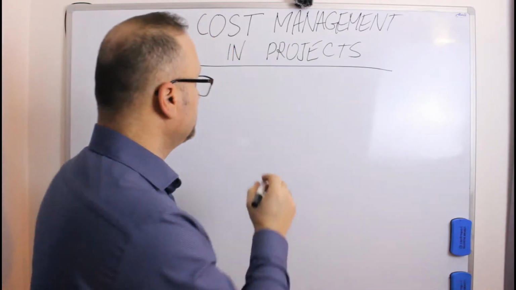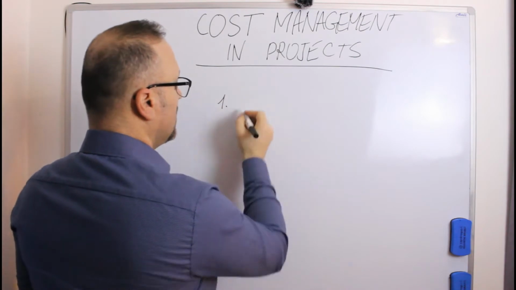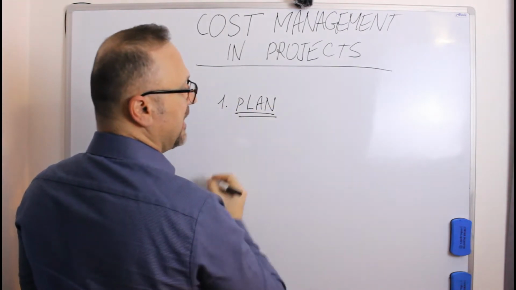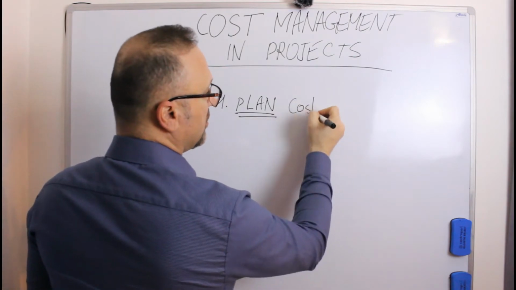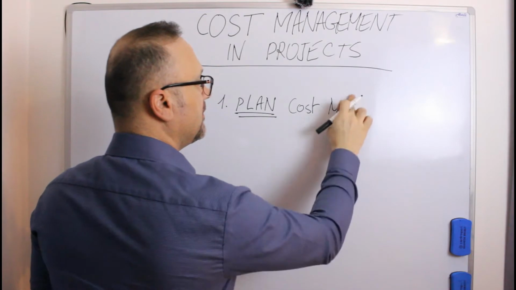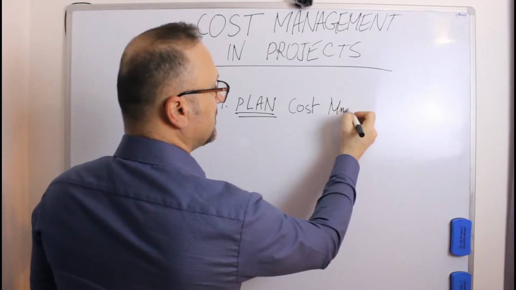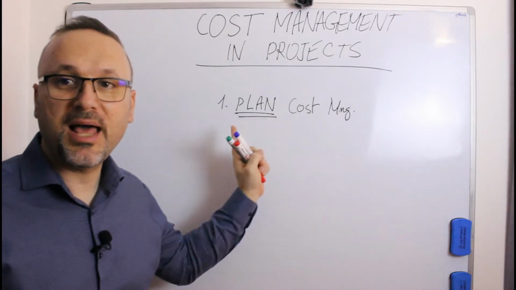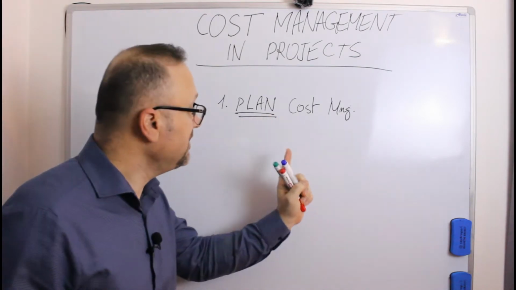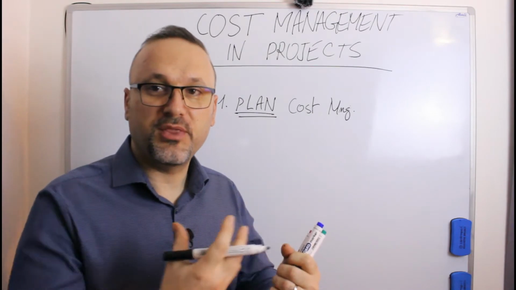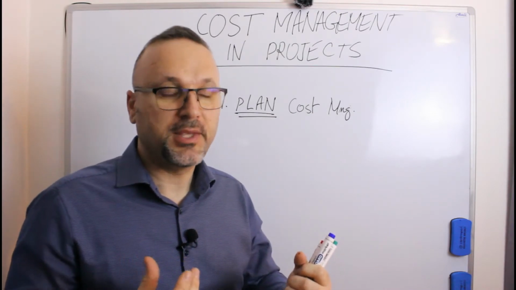So first point, you need to plan your cost management. I will write it as a shortcut. Okay, you need to plan your cost management. That means you need to plan how your cost will be managed through the project life cycle.